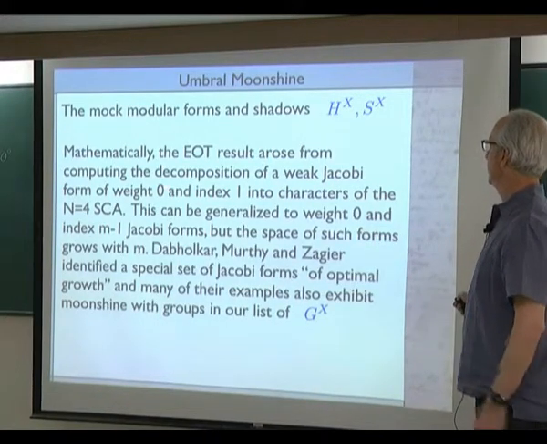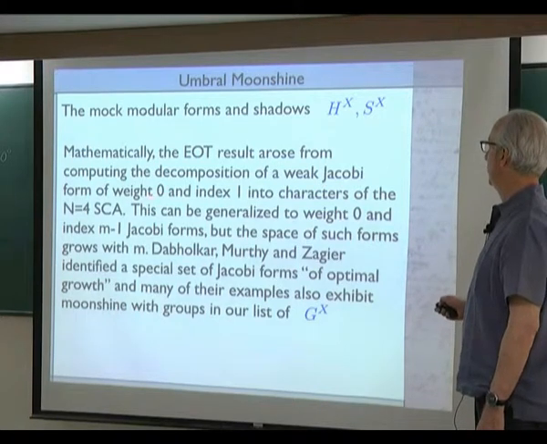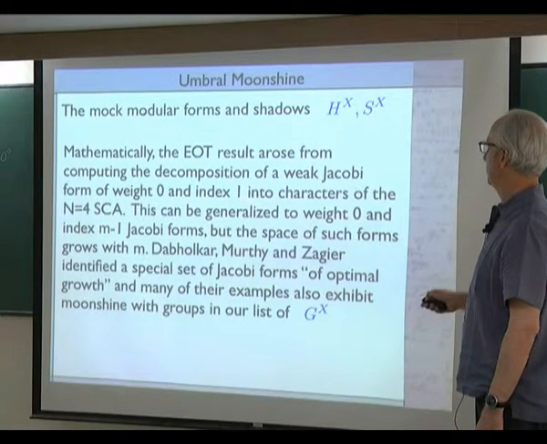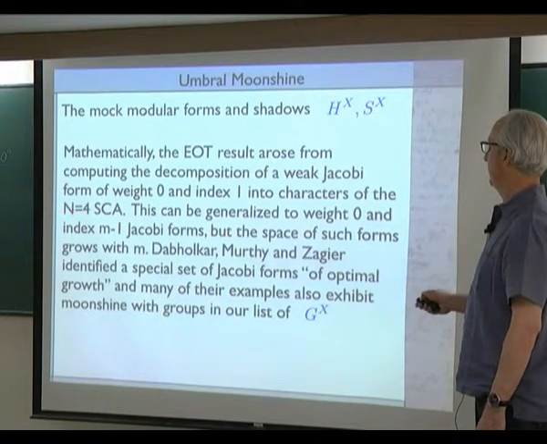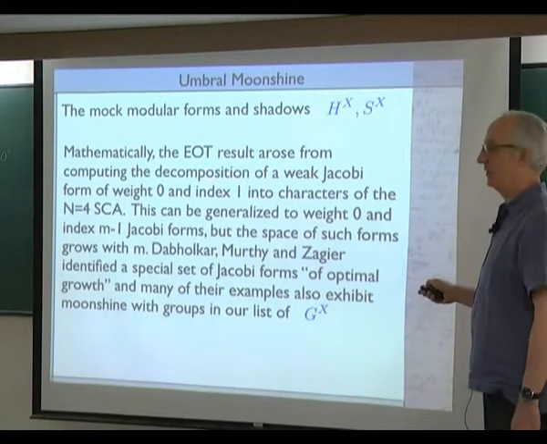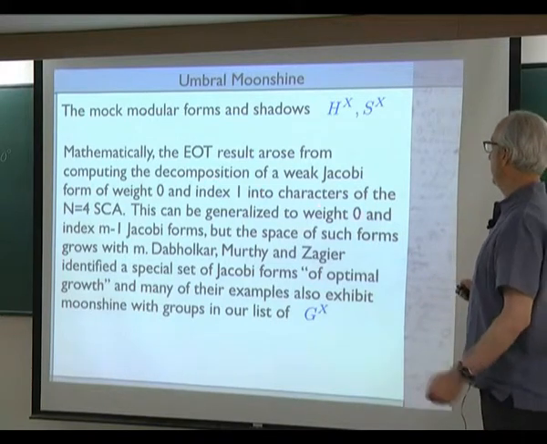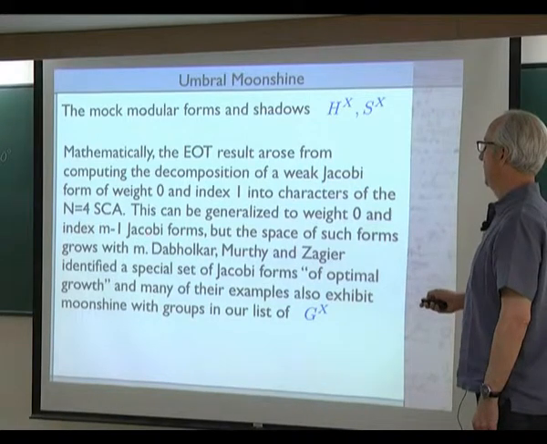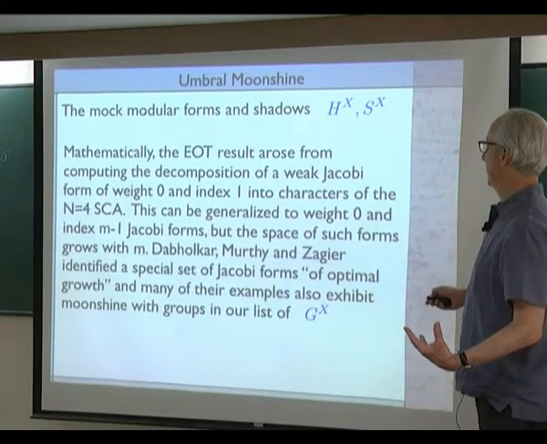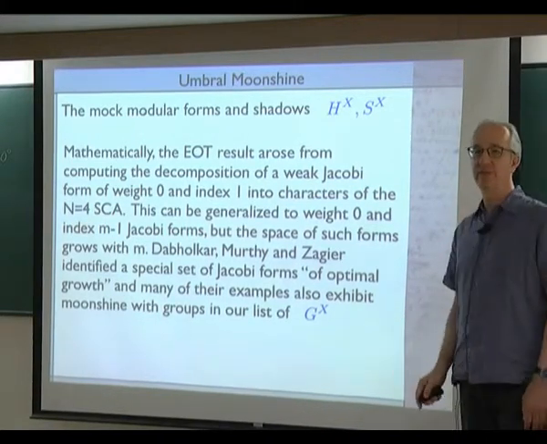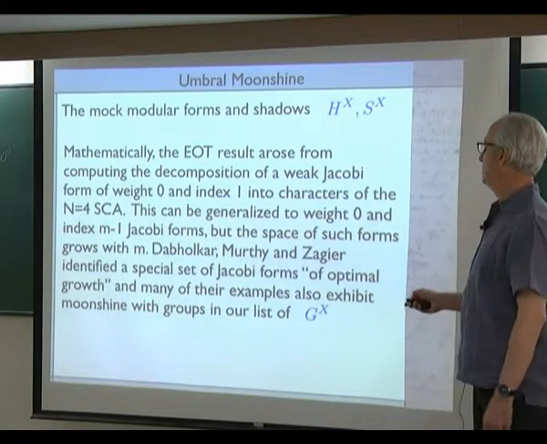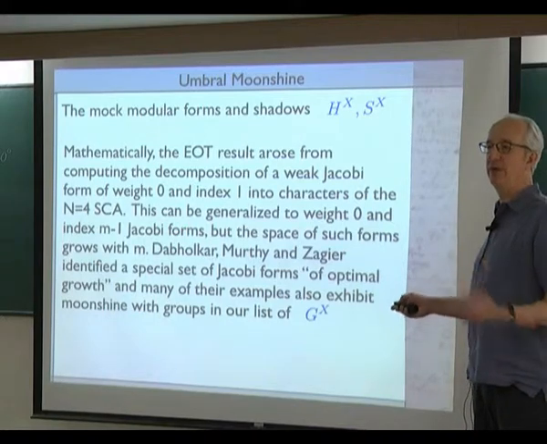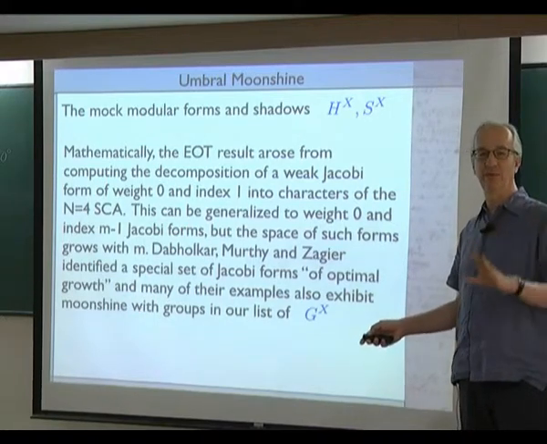if you start with a Jacobi form of weight 0 and index 1, and decompose it into characters of N equals 4, that was the K3 elliptic genus construction. But you can generalize it to weight 0 and index m minus 1 Jacobi forms, where you either take these forms and decompose them into representations of N equals 4, or you use them as the starting point for constructing a meromorphic Jacobi form, which you then decompose into its polar and finite part.